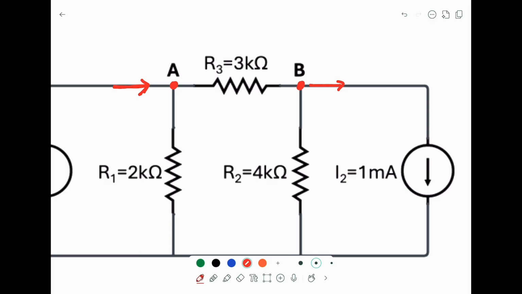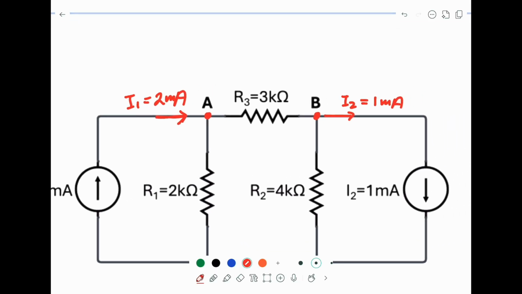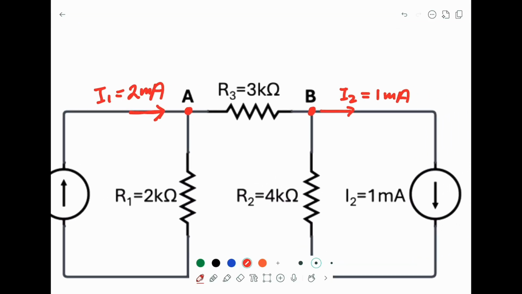So we can say I2 is equal to 1 milliamp, and I1 is equal to 2 milliamp.